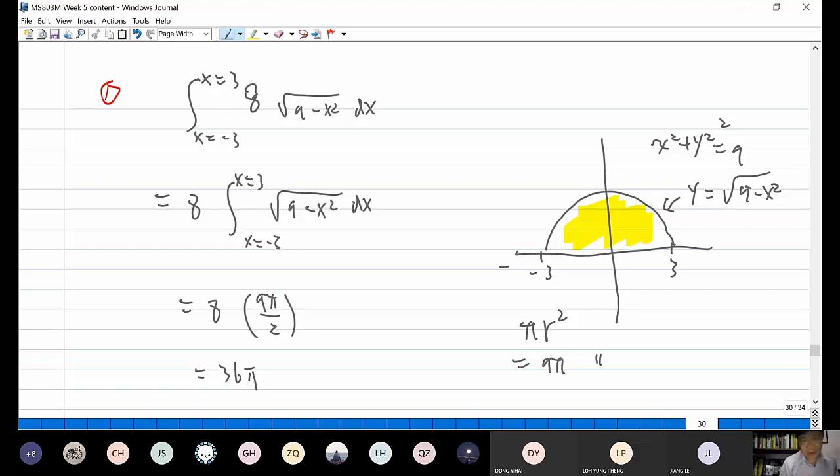Okay, I didn't make a mistake, right? The semicircle is pi r squared over 2, right?